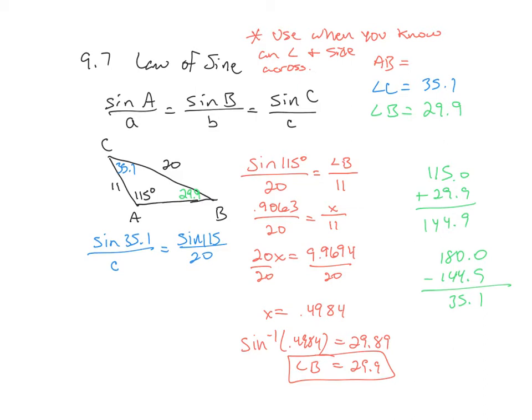So the fewer numbers that you use that have been rounded, the better. So sine of 35.1 is 0.5750. Sine of 115, we just did it, is 0.9063.